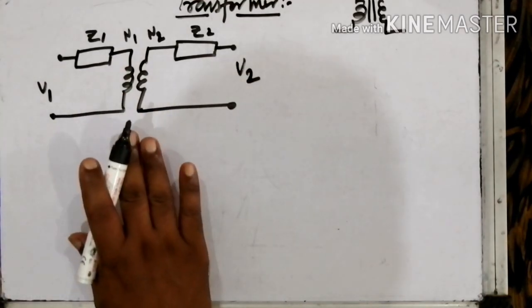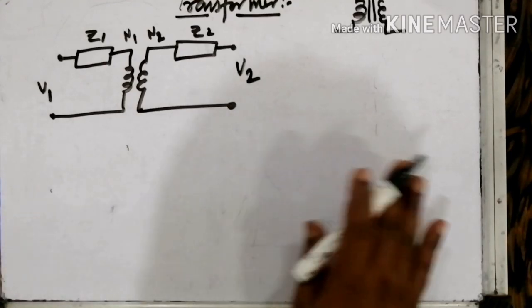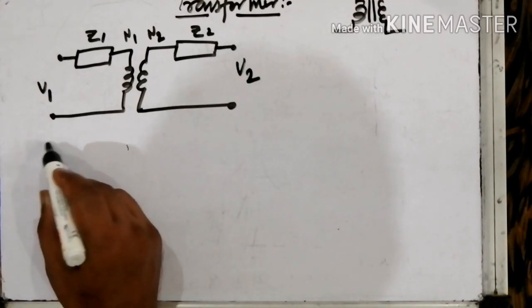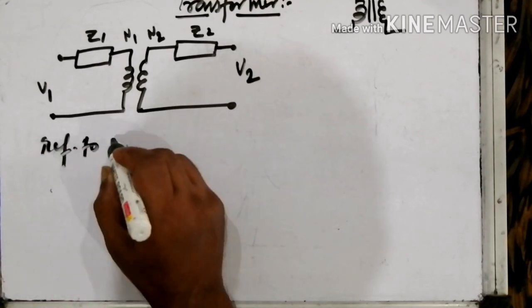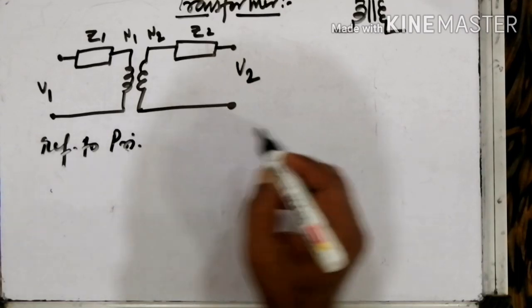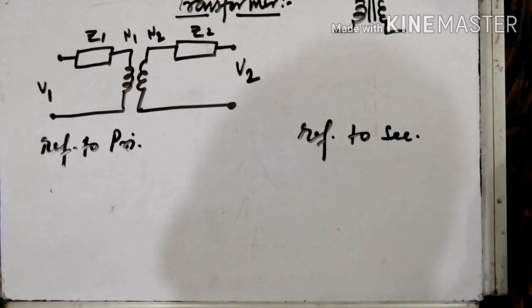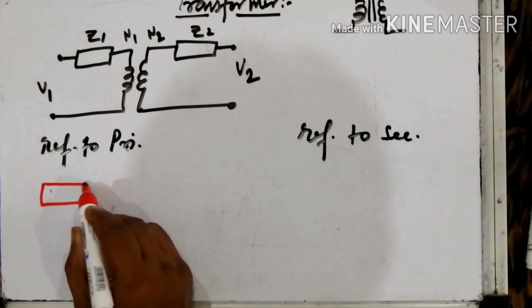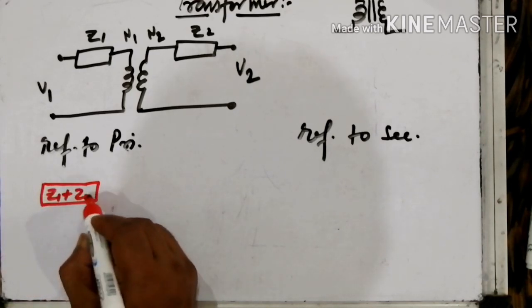Now see the diagram of transformer when we refer to primary and refer to secondary. How will the circuit look? This one is referred to primary, this one is referred to secondary. This is a part of impedance. Impedance is Z1 plus Z2 dash.